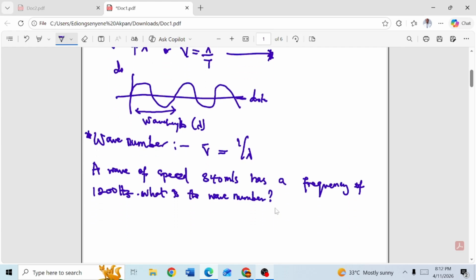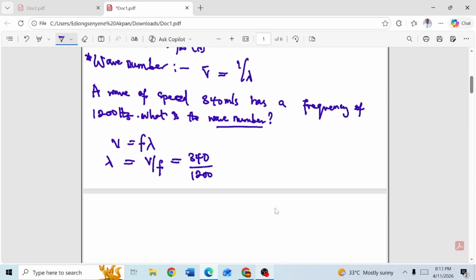This is an example. A wave of speed 340 meters per second has a frequency of 1200 Hz. What is the wave number? Remember, the normal thing was, what is the wavelength? V equals F lambda. This is what we used to know, in which we will say lambda equals V over F, which is 340 over 1200.